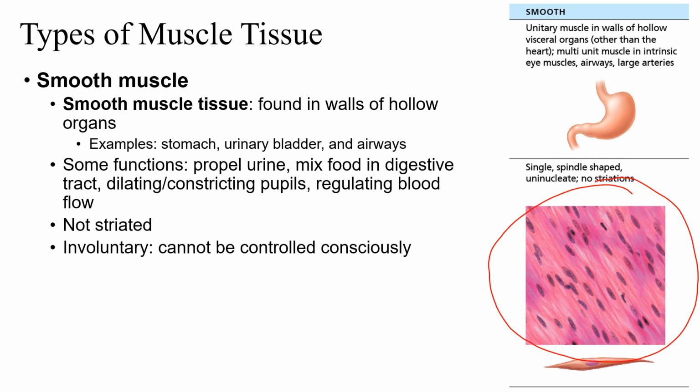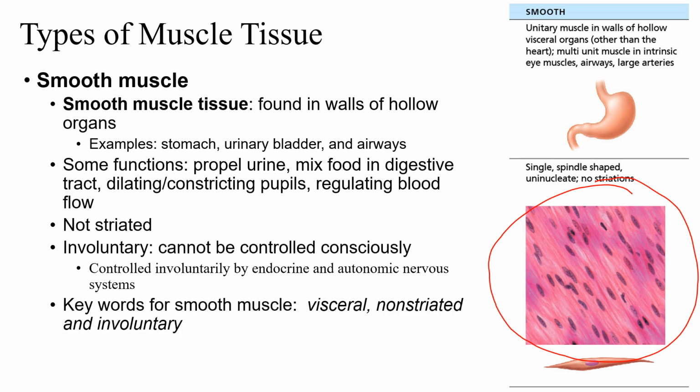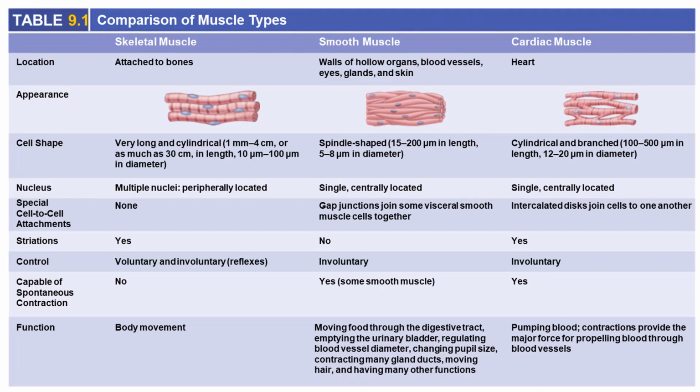That's just happening. And so these things are going to be under involuntary control. Okay, so they're going to be controlled by the endocrine and the autonomic nervous system. So for this, the keywords would be visceral, because a lot of them are going to be part of the visceral organs. They're non-striated, and they're going to be involuntary.